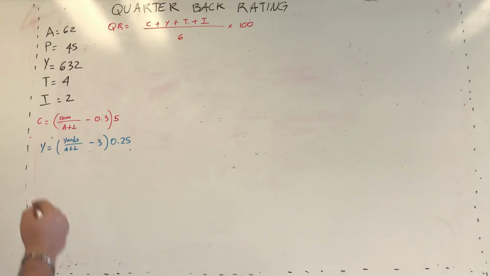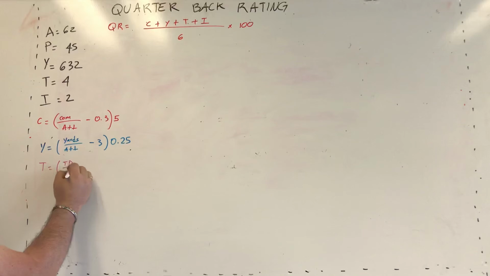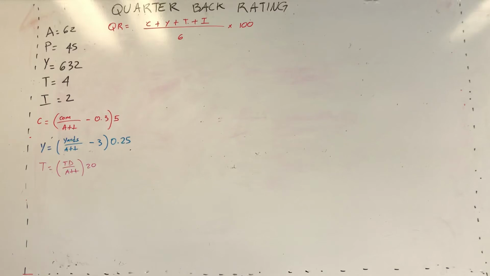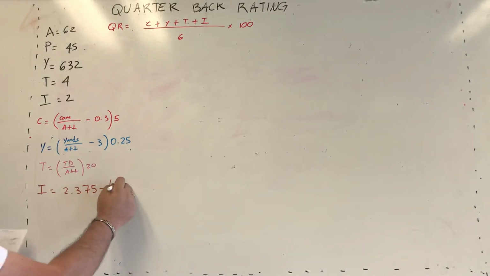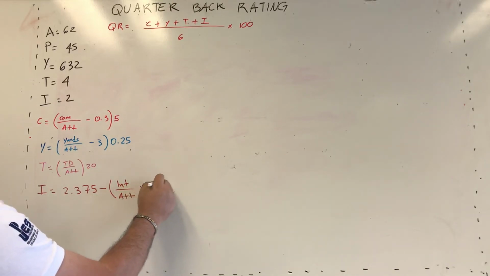For the touchdowns, you divide the touchdowns by the attempts and you multiply this times 20. Now for the interceptions, it is 2.375 minus parentheses the interceptions divided by the attempts times 25.